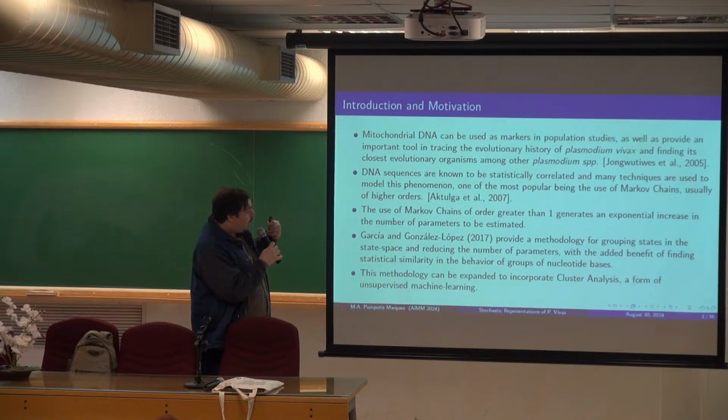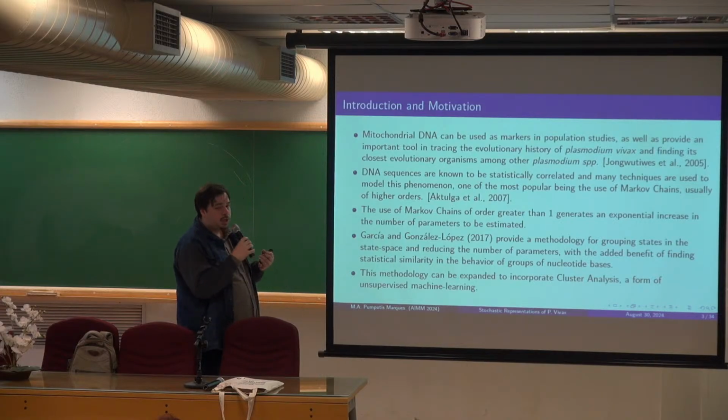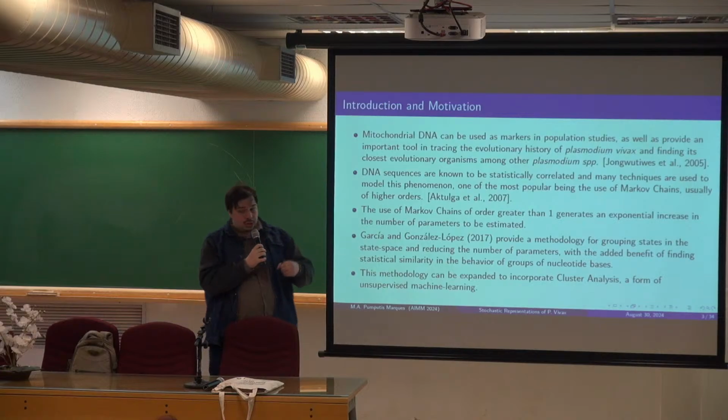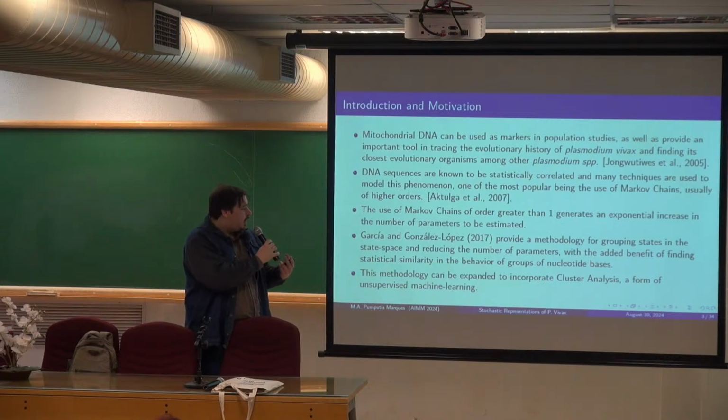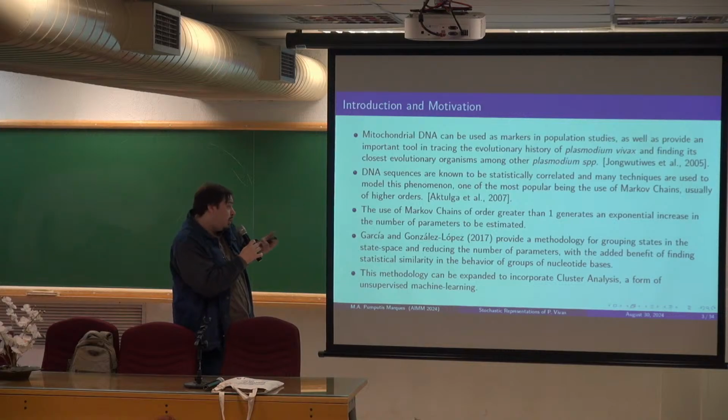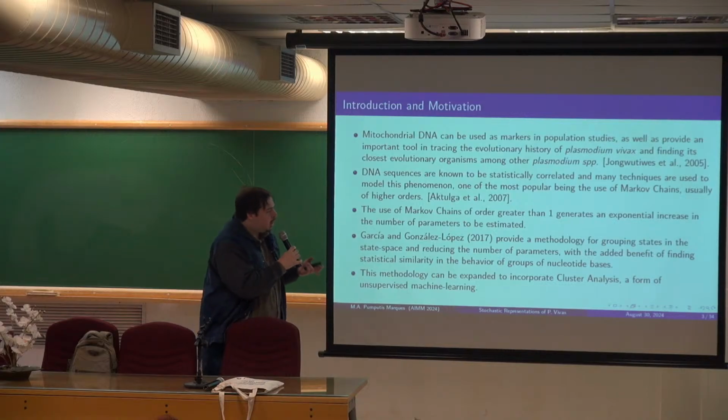So the idea here is that Professor Veronica and Professor Jesus have written a paper in 2017 with a methodology for grouping states in the state space, so that we can reduce the number of estimating parameters, making the problem more tractable. And we can also find statistical similarity between groups of nucleotides, right, or groups of genes, depending on the size of the Markov chain.